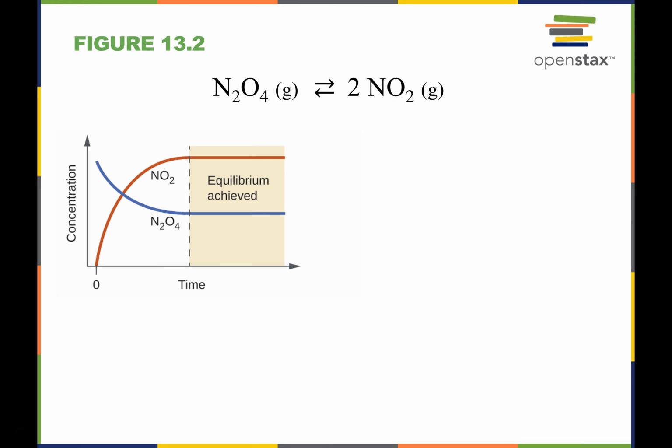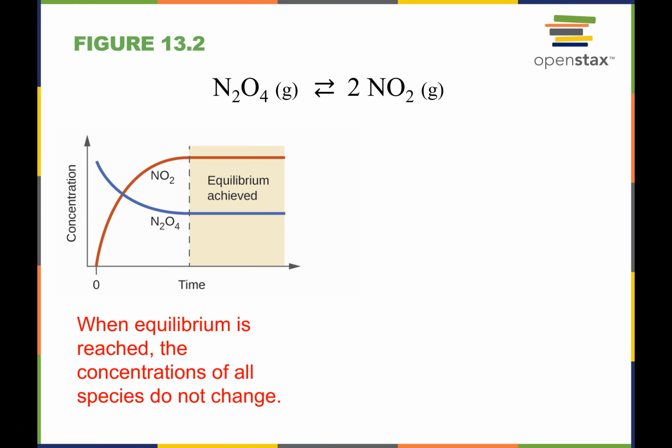Here it's not at equilibrium, here it's not at equilibrium, but here it finally is. We have a steady concentration of both the product and the reactant. Notice also that our reactant didn't go all the way to zero. We still have some reactant left. That makes sense, because we form product and product goes back to form reactant. And it's those equilibrium concentrations that we're going to talk about.